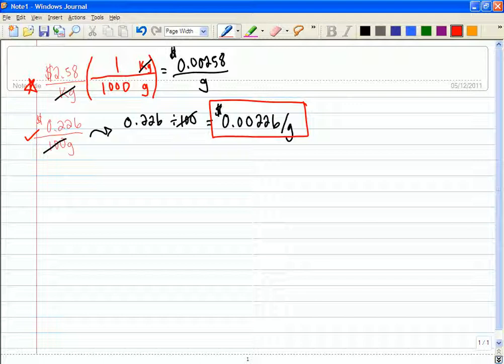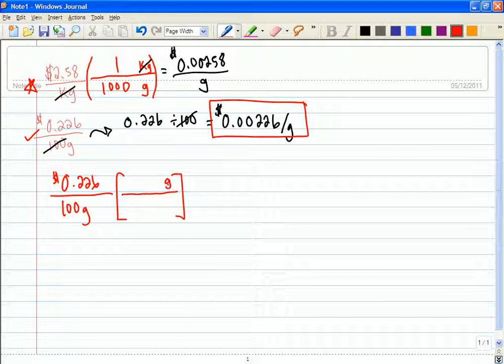You had a question? It would be acceptable to go into kilograms on a test, right? You could change them all to kilograms. Why don't I just quickly do that alternate route that was suggested? $0.226 for 100 grams. We could also have chosen to turn this into kilograms.